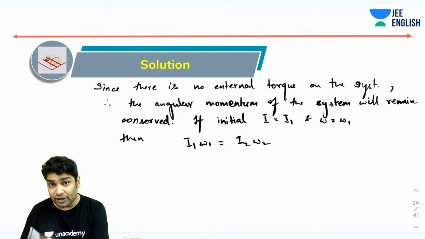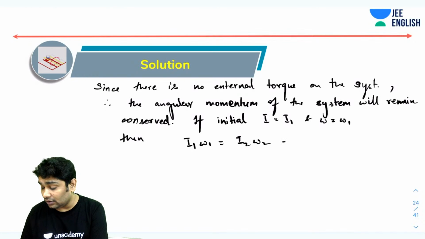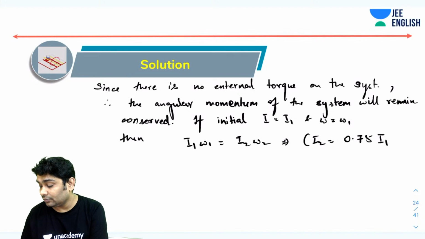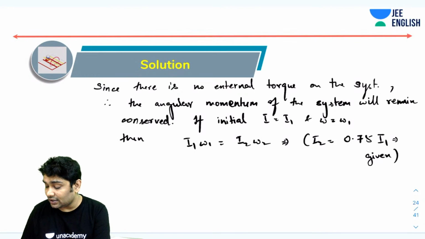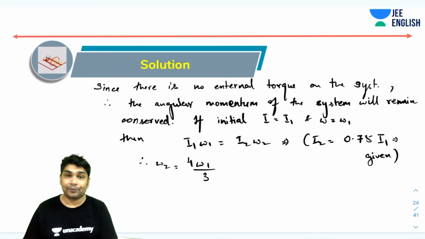And what have you been told? You have been told that I2 equals 0.75 I1, that was given. So from here I can say omega 2 would be omega 1 into 4/3, right?